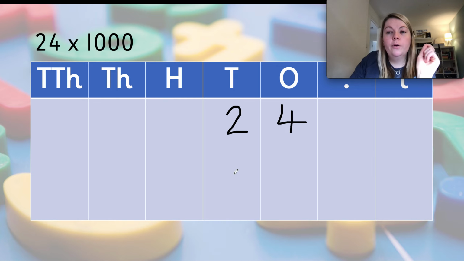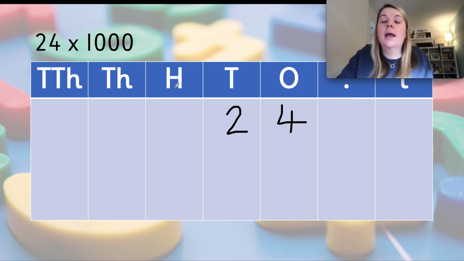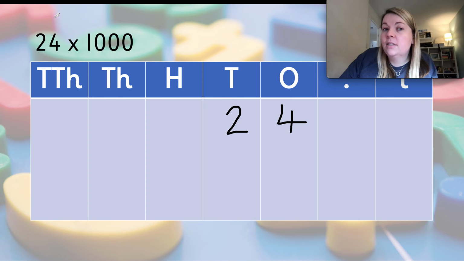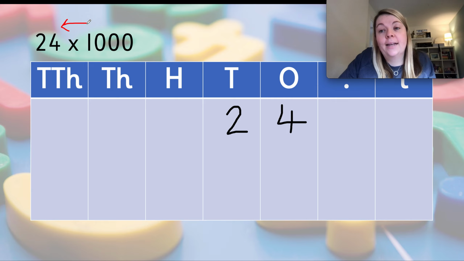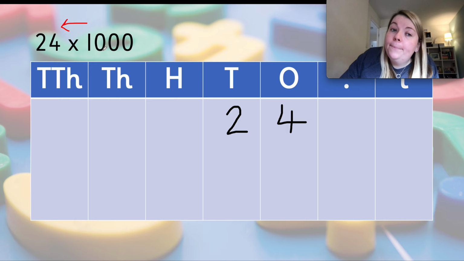Now this is a bit more challenging. We practice multiplying by 10 and multiplying by 100. This question asks us to multiply by 1,000. Now by now you will all know that to multiply by 1,000 we move our place value columns to the left because we're getting bigger, and because we're multiplying by 1,000 we move them 3 place value columns to the left because there's 3 zeros in 1,000.